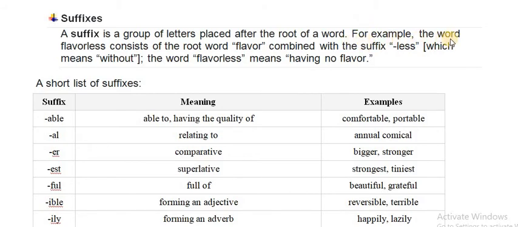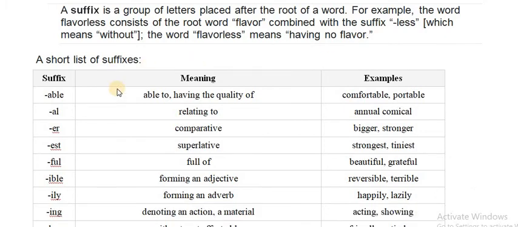For example, the word flavorless consists of the root word flavor combined with the suffix less, which means without. Flavorless means without flavor. The word flavorless means having no flavor.